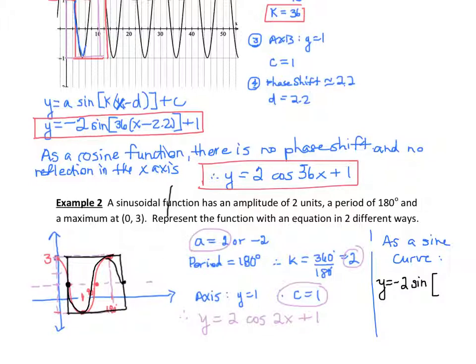Now in brackets, the phase shift is 45 degrees, so we're going to say 2x minus 45, since it's 45 degrees to the right. I'm sorry, I'm running out of room here, but I would still have a plus 1 at the end of that equation. So y equals -2 times the sine of, in brackets, 2x minus 45, and then outside of the brackets, plus 1.